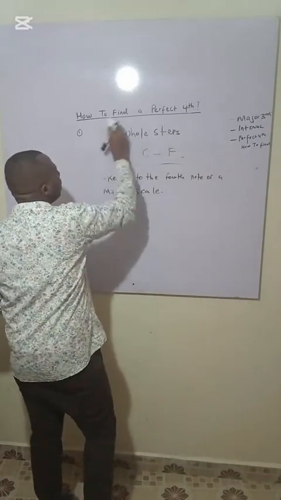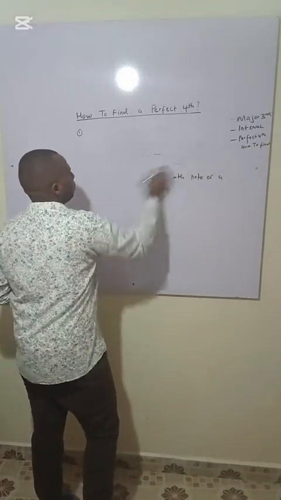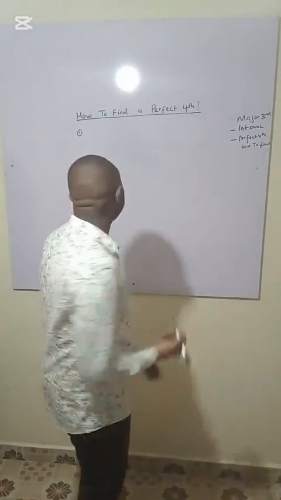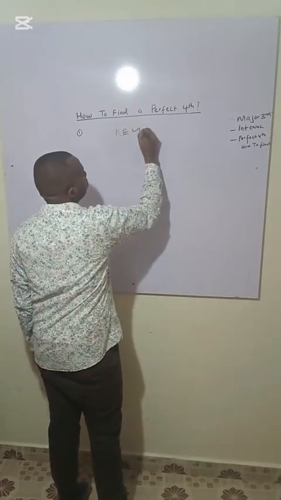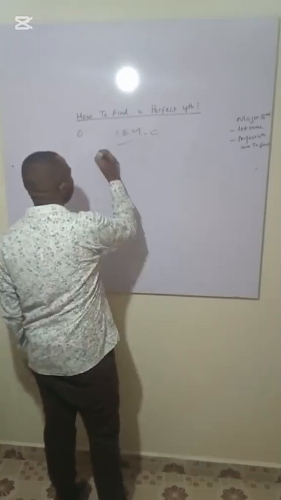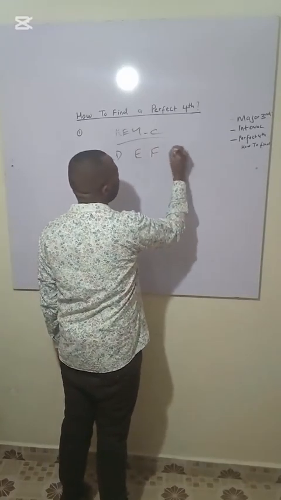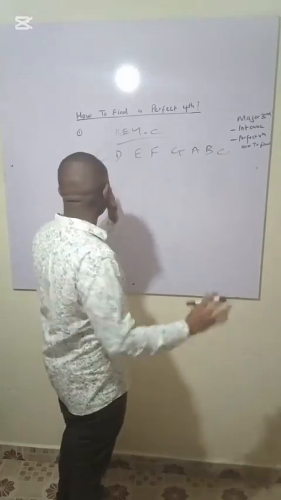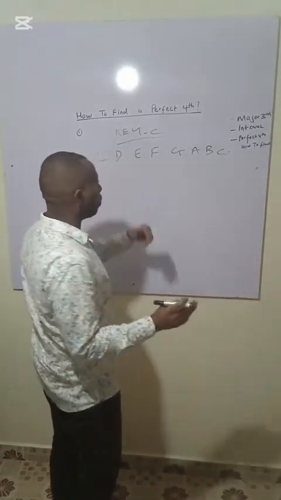Let me just show you what I mean. So let's say we're in the key of C. We have C, D, E, F, G, A, B, C. So guys, that's the key of C, and in the key of C, they are simply the white notes on the piano.